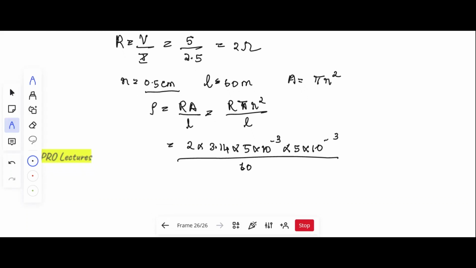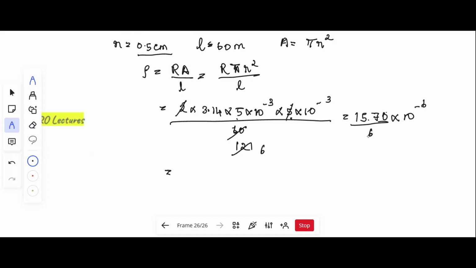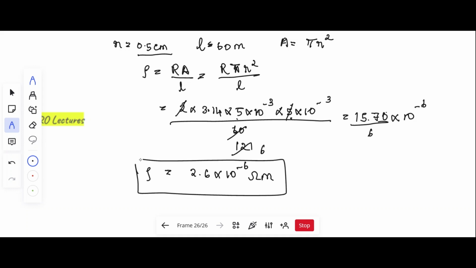Simplifying this, we get the answer in ohm meter. This is the resistivity.